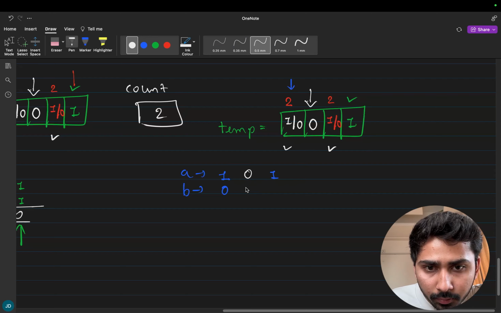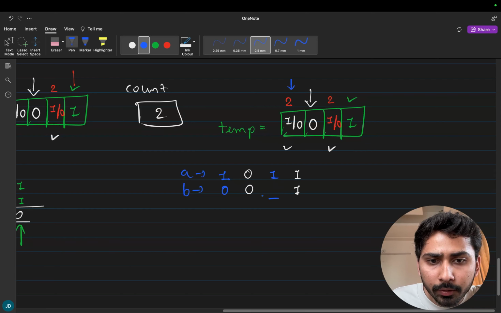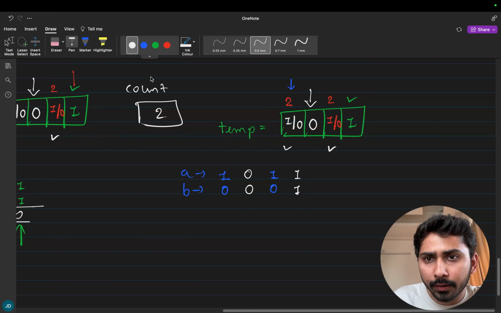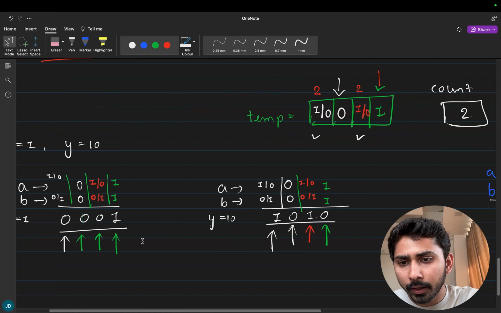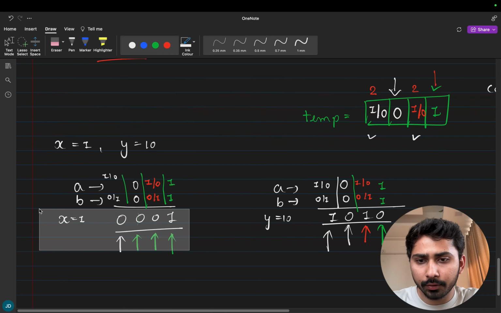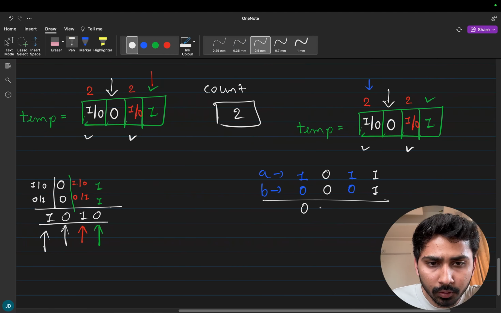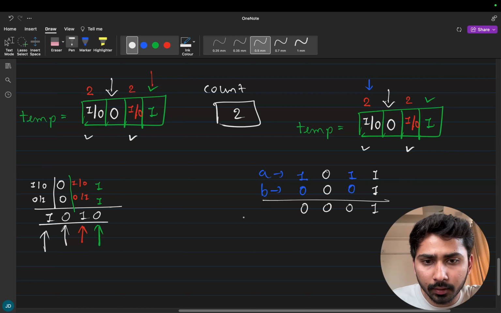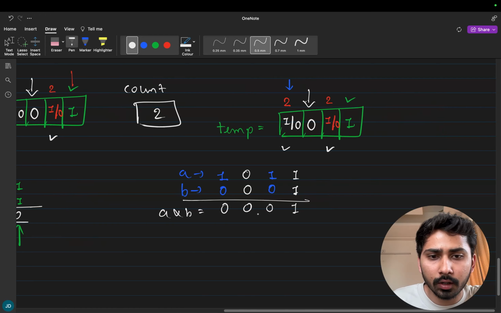I'll write with white color. Now what about this bit? If this bit is 1, this bit needs to be a 0. Then and only then you will get the output 0, 0, 0, 1. That is, A and B will be giving you 1.